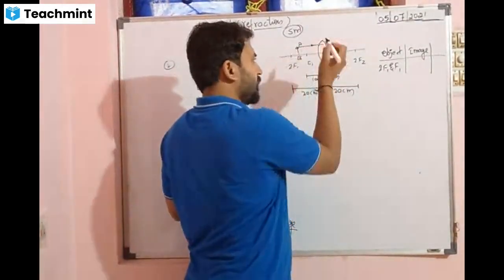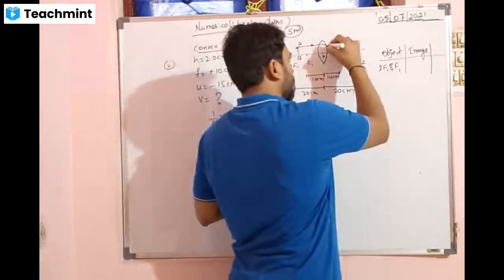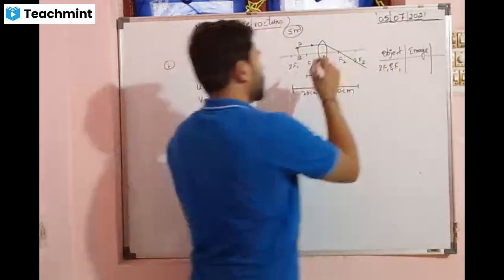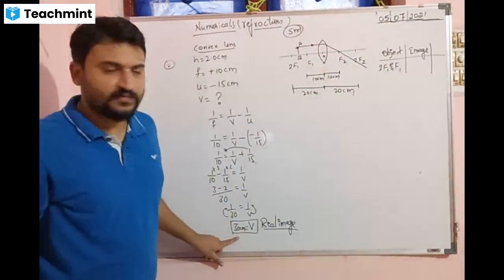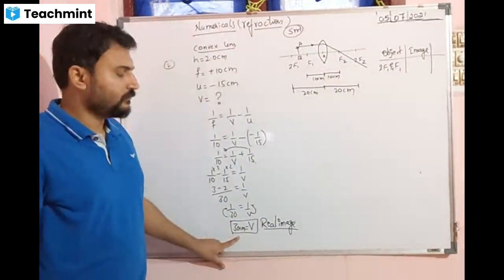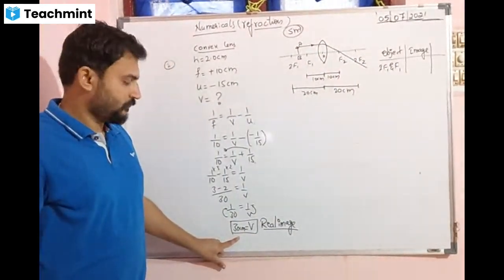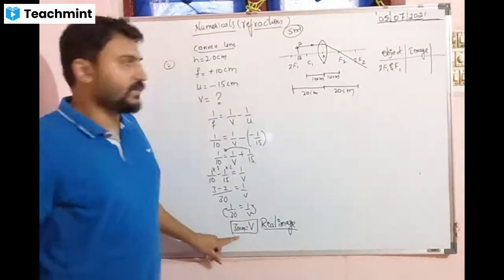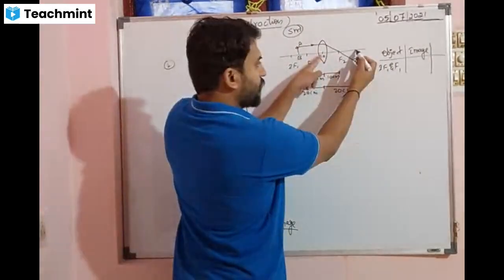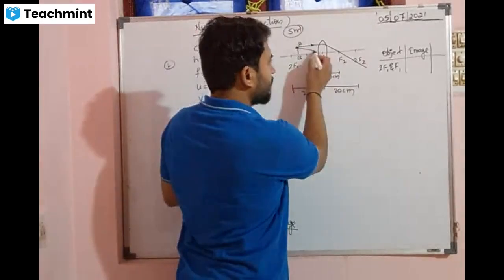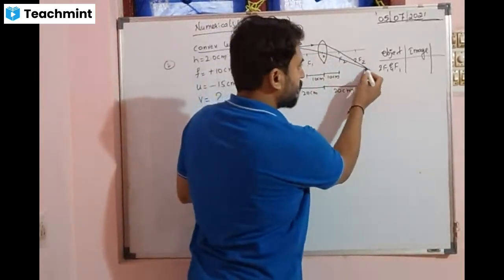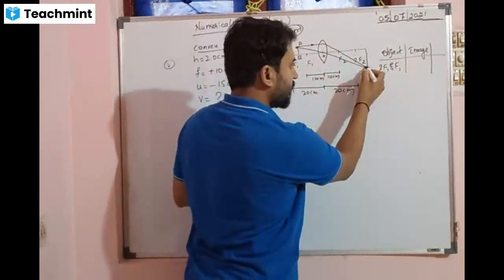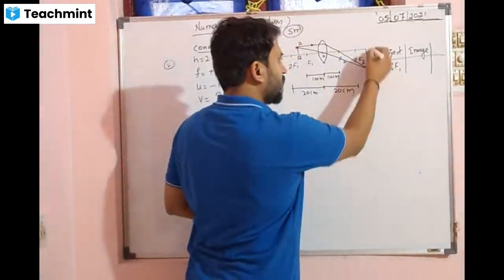So this is a parallel ray which passes through F2. And at what distance is the image formed? 30 centimeter. So O to F2 is 20, isn't it? The image is formed here.